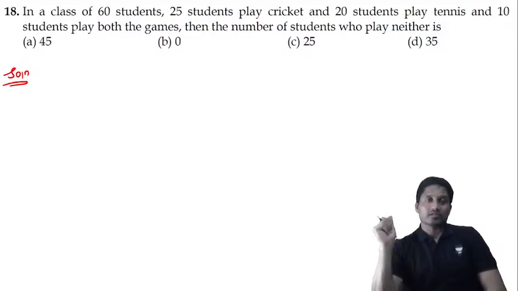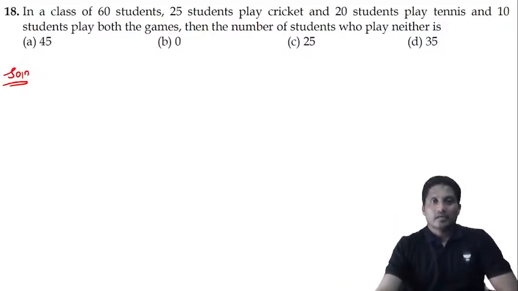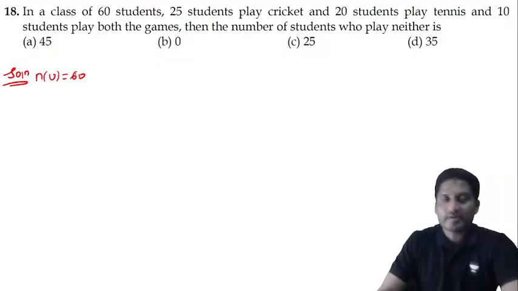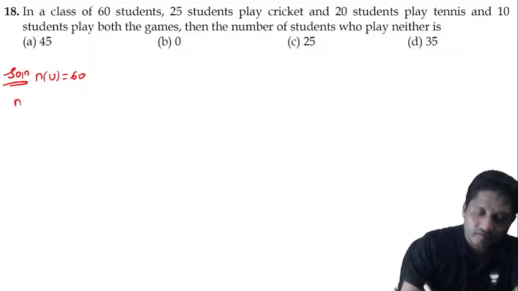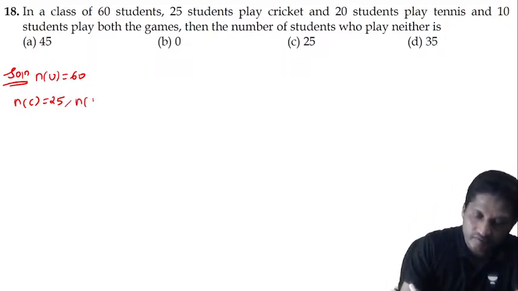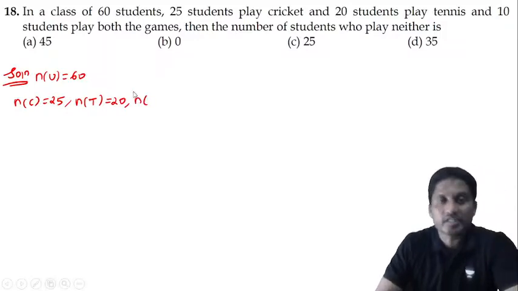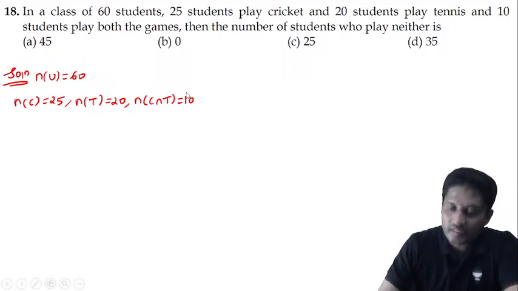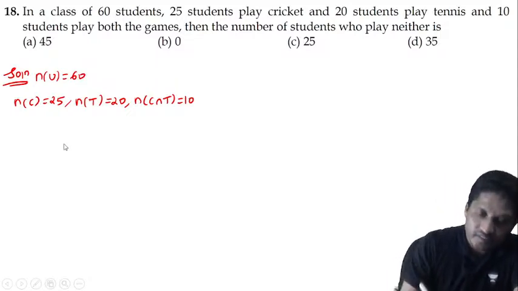In a class of 60 students, that is the universal set, 25 students play cricket, n of C is equal to 25. 20 play tennis, n of T is equal to 20. 10 students play both the games, that is cricket as well as tennis. Then find the number of students who play neither of the games, that is neither cricket nor tennis.